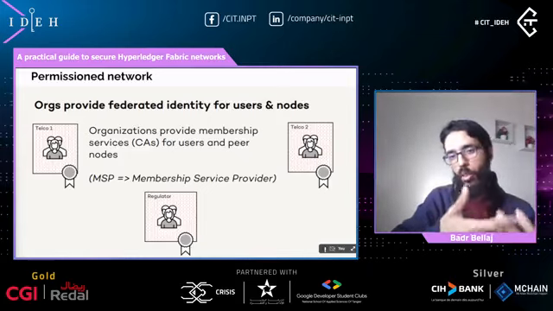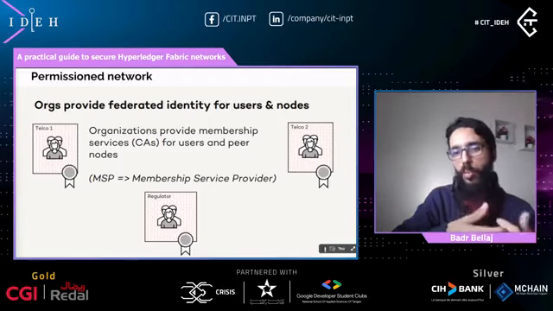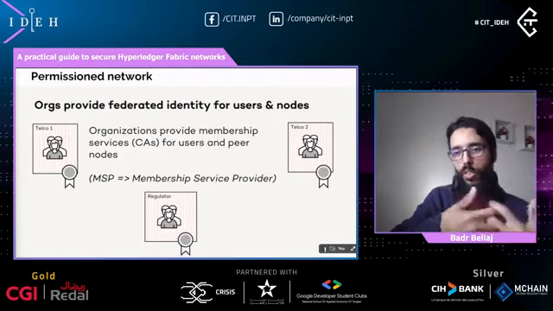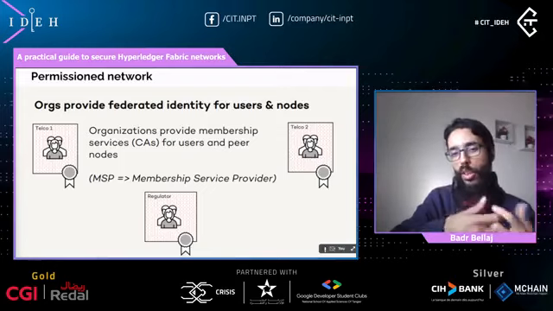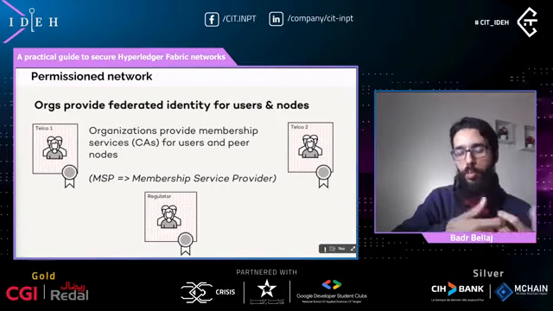Hyperledger Fabric is intended to be a blockchain for business, for industries. Consequently, we need an identity management system, what we call the membership service provider in the case of Hyperledger Fabric.